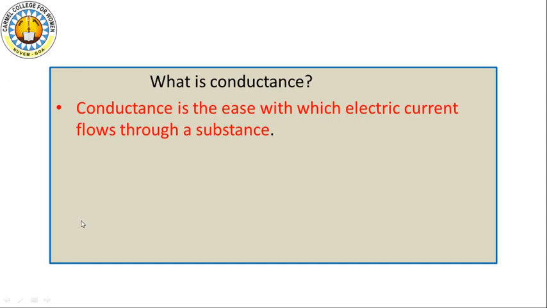When we take an electrolyte, ions are produced when it is dissolved in water. And suppose an electric field is applied, these ions will move. When they move, they carry with them some amount of current. So conductance is the ease with which this electric current is carried by these ions.